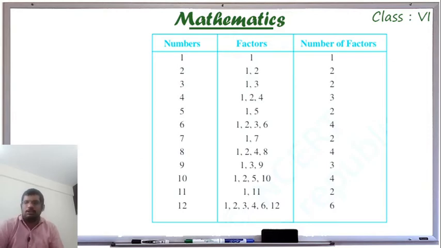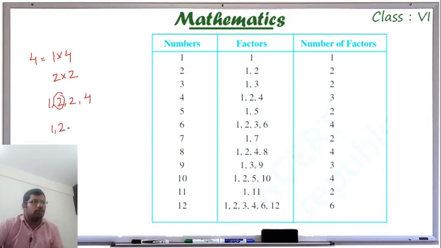The factors of 1 are just 1. Some of you repeated numbers. For example, 4: the factors of 4 are 1 into 4 and 2 into 2. So there is no need to write 1, 2, 2, 4. You need only 1, 2, 4.